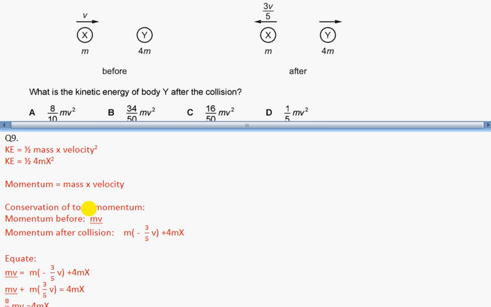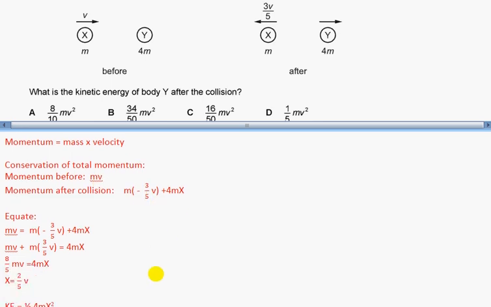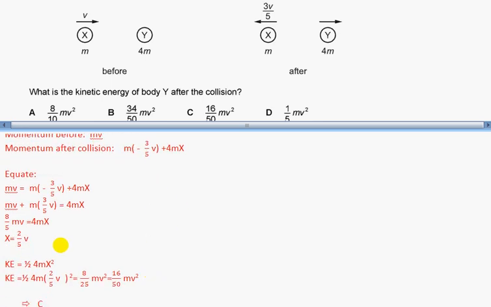The conservation of total momentum: momentum before is mv. Momentum after collision is m times minus 3v/5, because in the opposite direction, plus 4m times the unknown speed x. We equate these values. We get unknown speed is 2/5 of v.